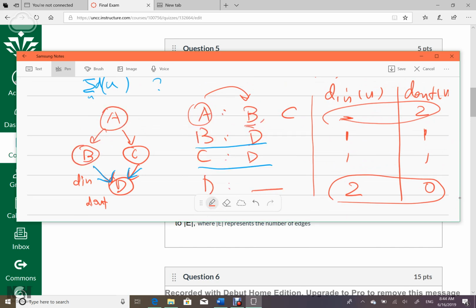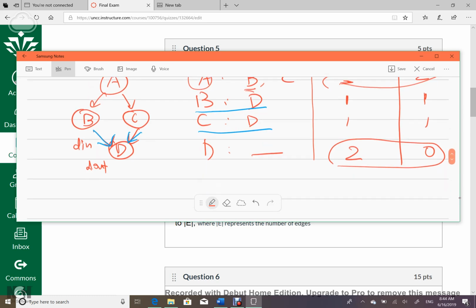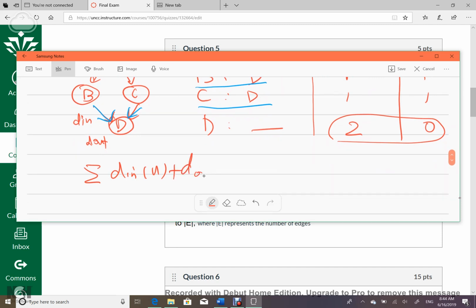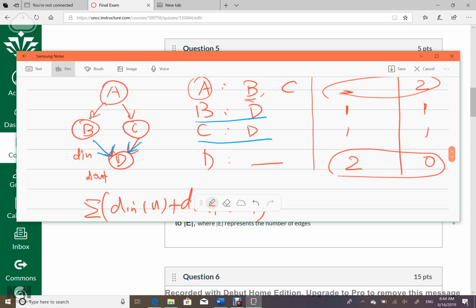So when we consider D in, D out, this edge is the D out edge of A, but D in edge of the B. So when we sum up all D in U plus D out U for all the U, in this case, same as what we discussed, each edge you double count, right?